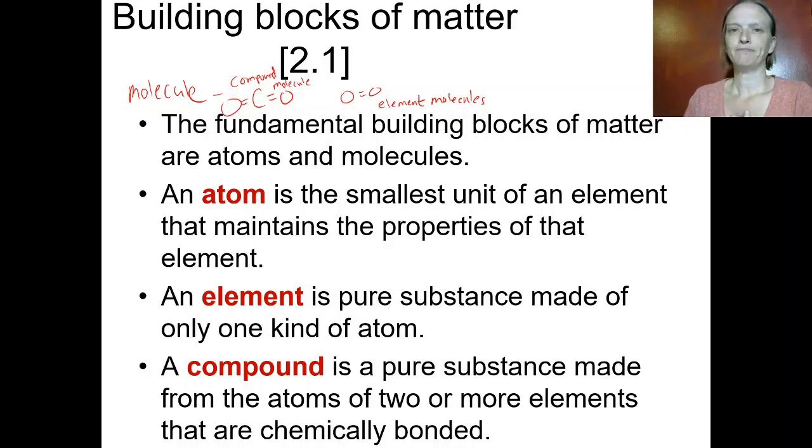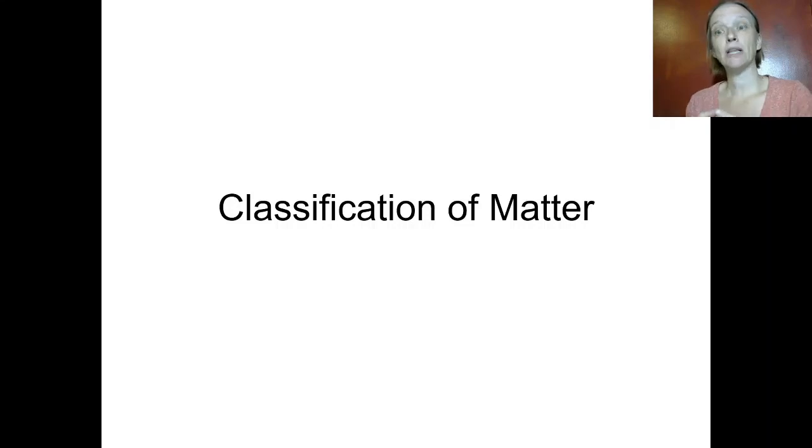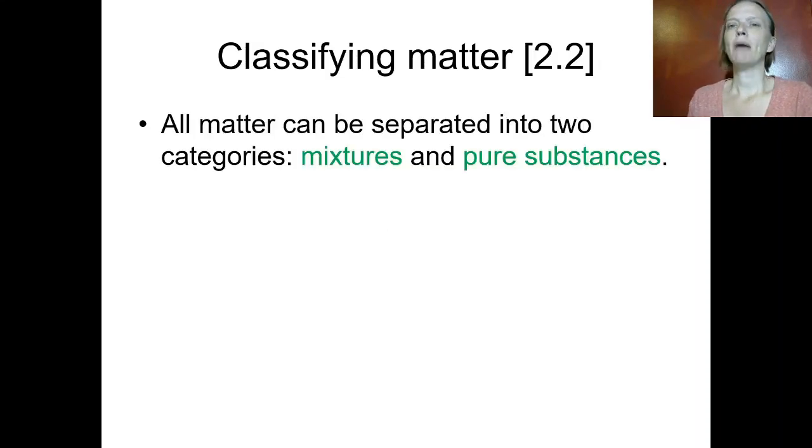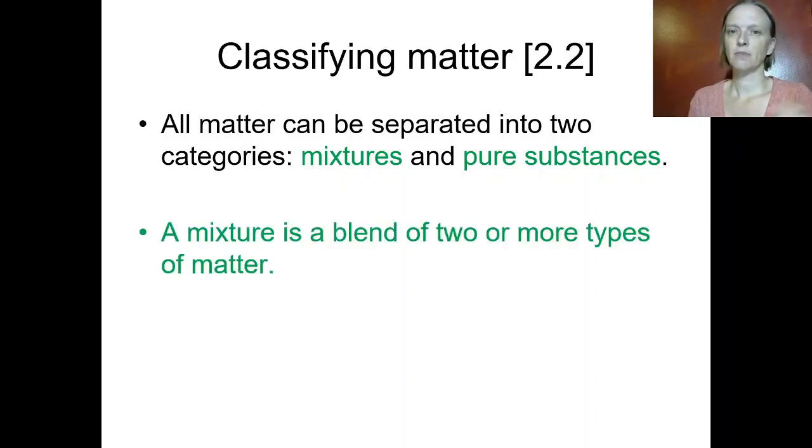All right. So how do we classify matter? There are many different ways to classify matter. Here are some of them. All matter can be separated into two categories: mixtures versus pure substances. A mixture is a blend of two or more types of matter.